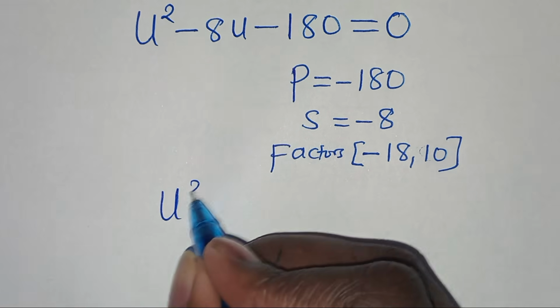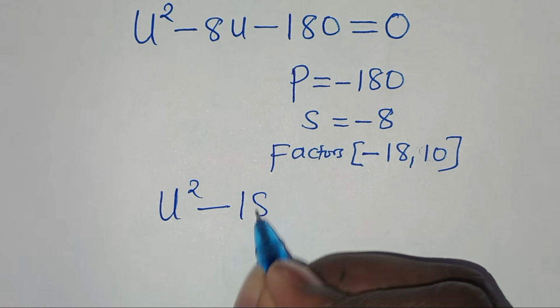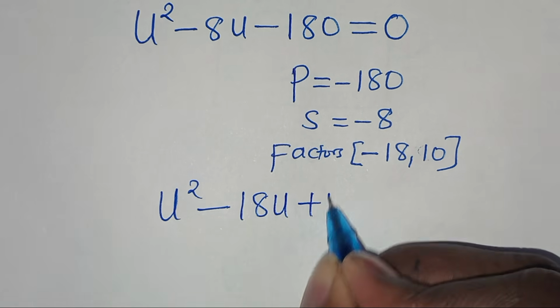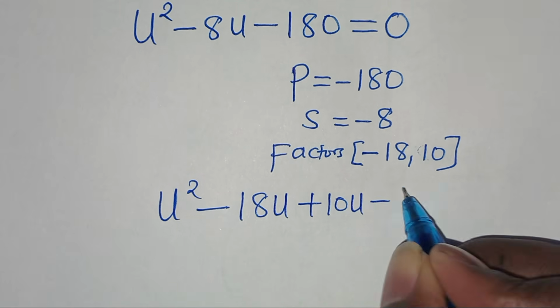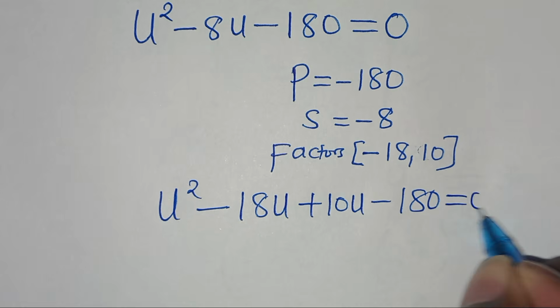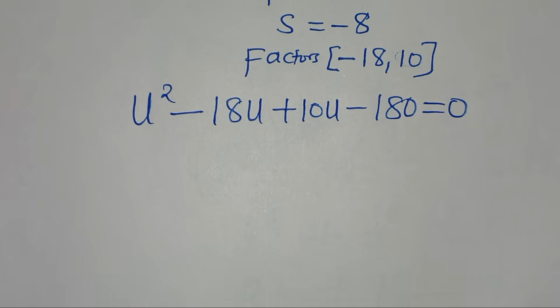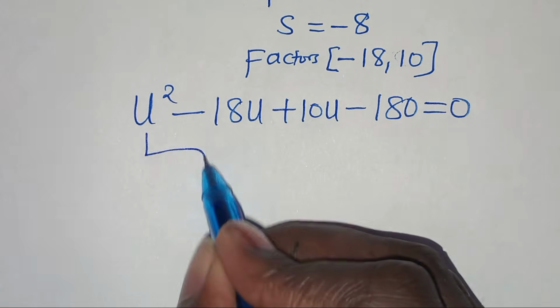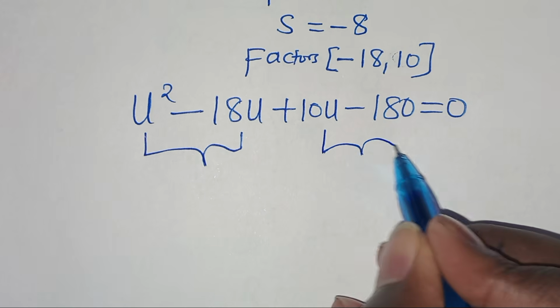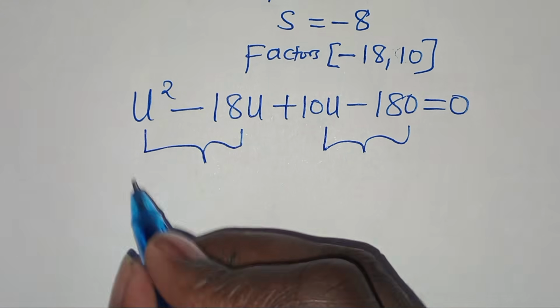So we have u squared minus 18u plus 10u minus 180, equal to 0. So we have got two parts here. From the first part, u is common.